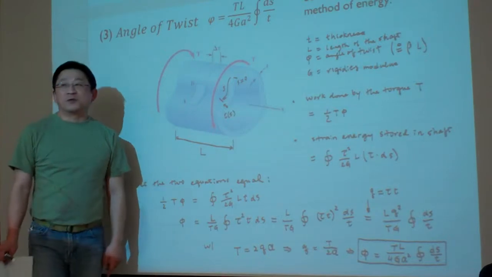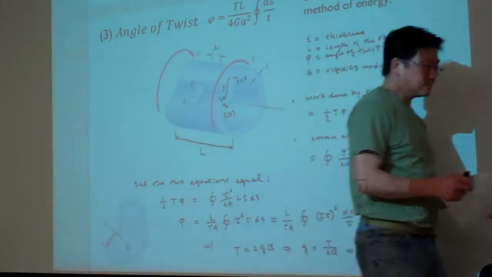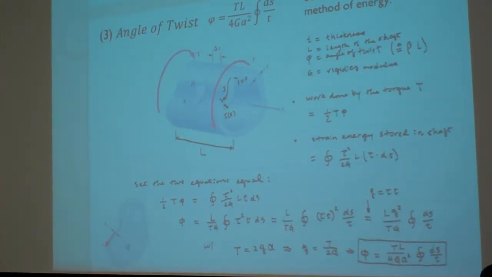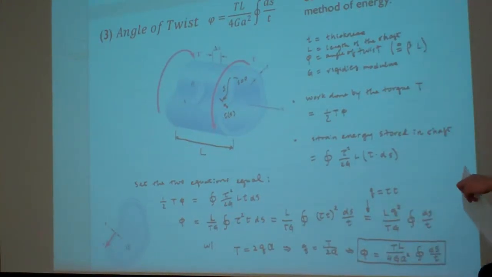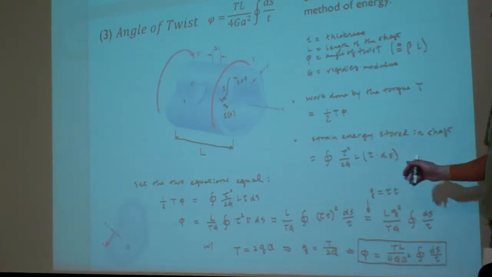So now the remaining issue is whether that is T ds or tau ds, for your stored energy. Let me write it out. Well, that's tau, but I'm talking about inside that: T times ds. Okay, yes, T times ds.